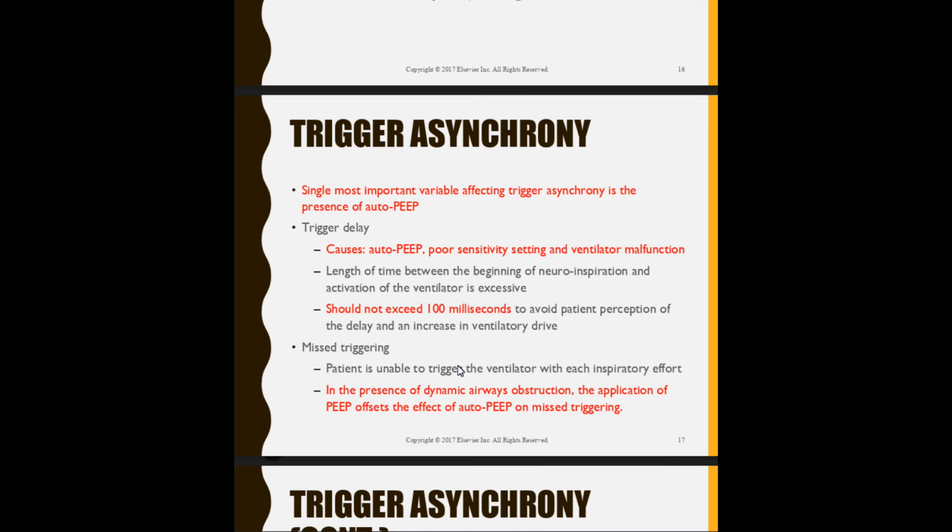Missed triggering: the ventilator is not triggered regardless that the patient triggered it, right? Either it be a flow trigger, a time trigger, or a pressure trigger. The patient did his job, but the ventilator missed delivering the breath.